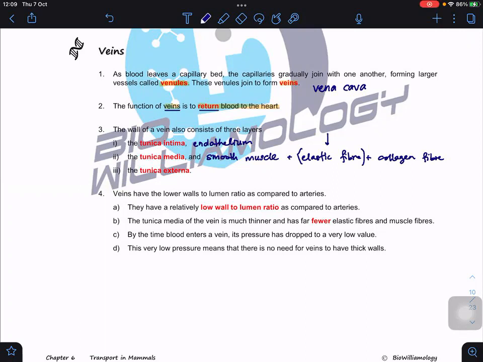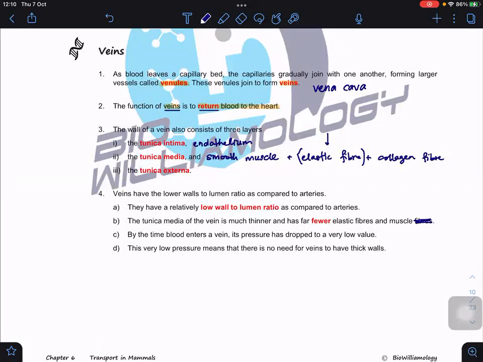Are you clear? Fewer elastic fiber and muscle. So the tunica media of the vein is much thinner and has far fewer elastic fibers compared to the artery. The tunica externa is almost the same, comparable, for both the vein and the artery.